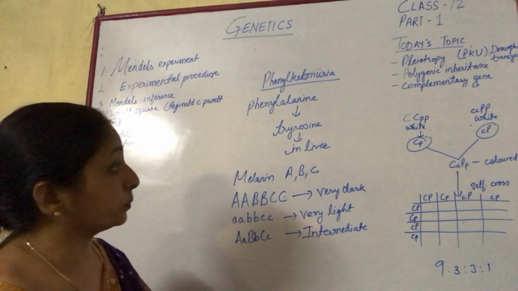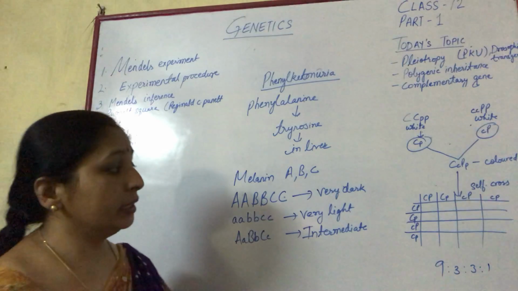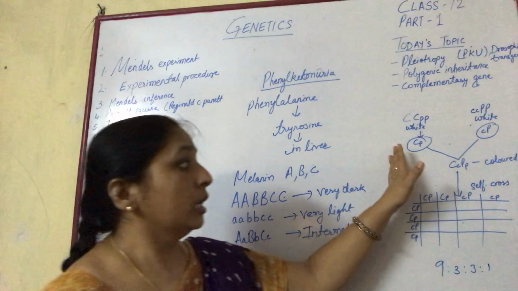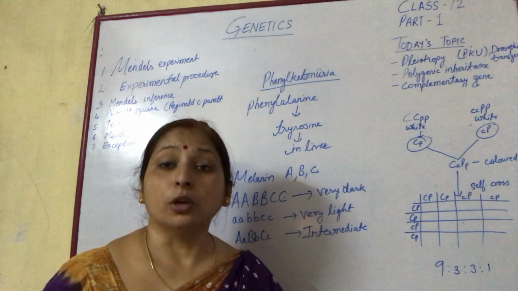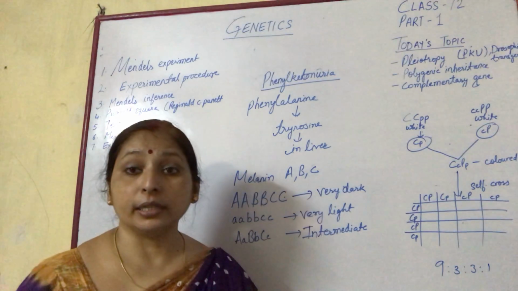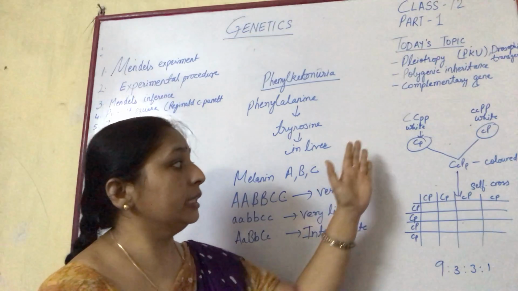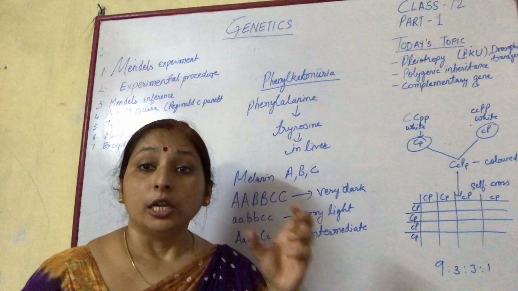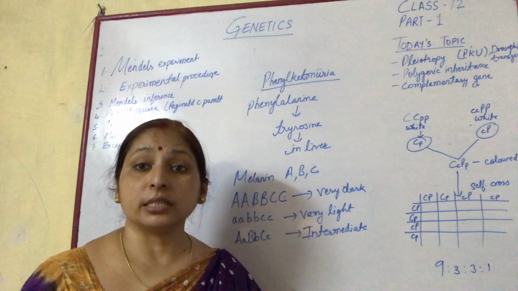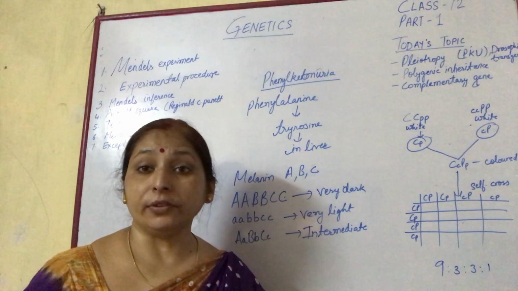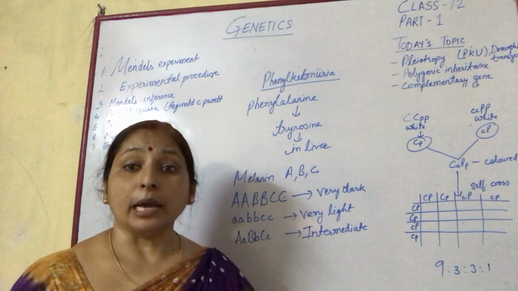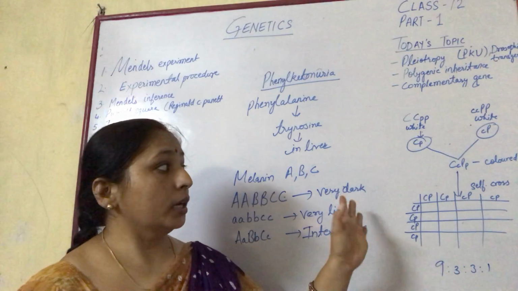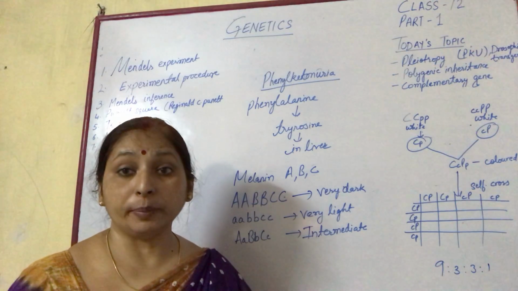Next is the complementary gene. A complementary gene is the presence of two non-allelic genes which are dominant, but without the presence of the other, they are not able to express themselves. Non-allelic dominant genes give a dominant phenotypic expression, but absence of the other, the complementary one, results in another phenotypic expression.